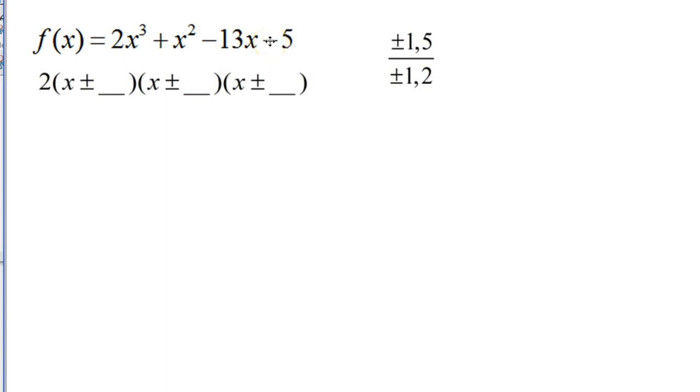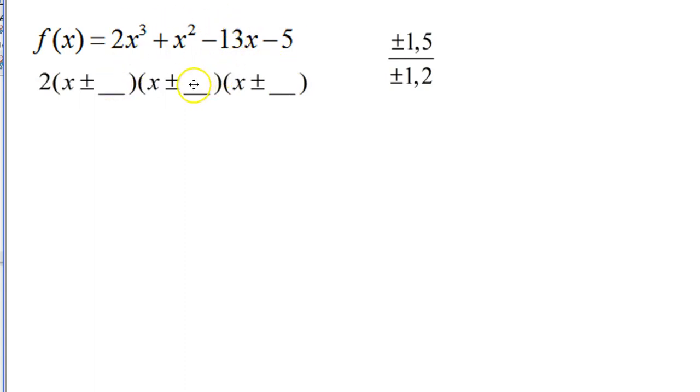So it makes sense that these numbers have to either be factors of 5 or factors of 5 divided by 2. Actually, it makes more sense that these three numbers have to multiply to give me 5 halves, or negative 5 halves, because negative 5 halves times 2 would give me negative 5.